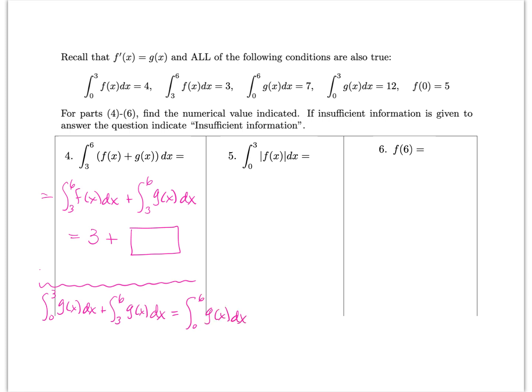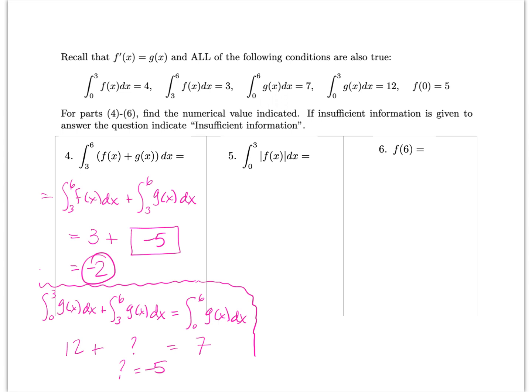Now 0 to 3 I know is 12. 3 to 6 is what I need to know. So I have 12 plus something equals the integral from 0 to 6, which I do know is 7. So that means my question mark has to come out to -5. So this is a -5, and 3 plus -5 is -2.